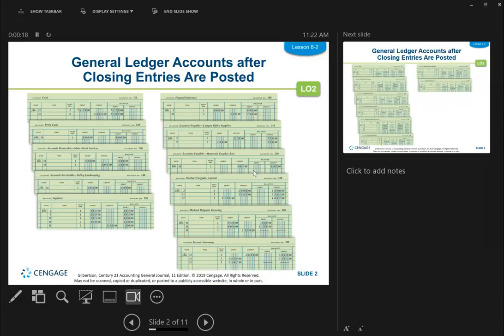At this point, let's run through the life cycle of what we've learned to do. We've talked about recording transactions into our journal. We take the transactions from our journal and record them into the ledger, into the individual accounts. We use that ledger to make a worksheet.